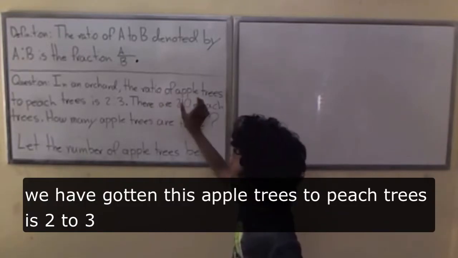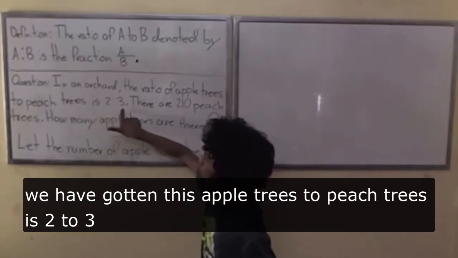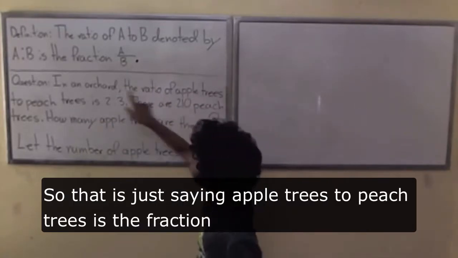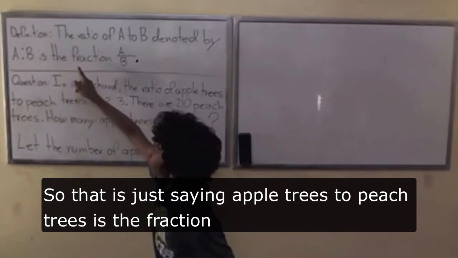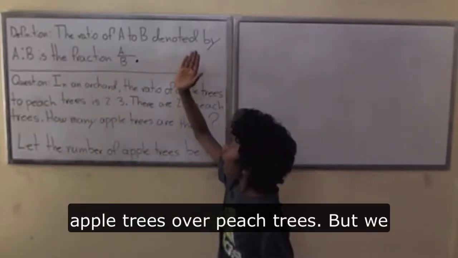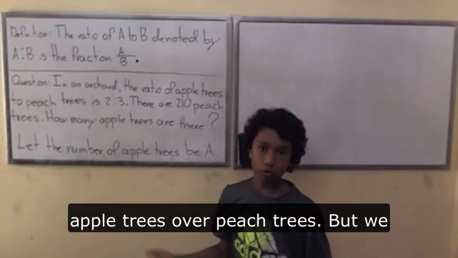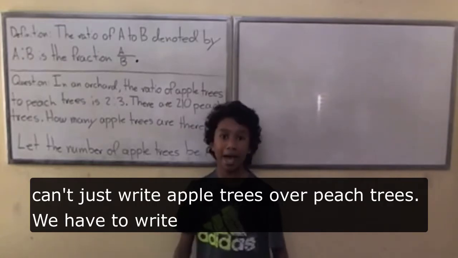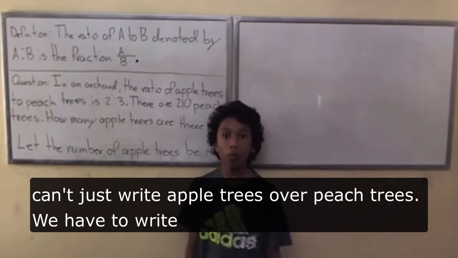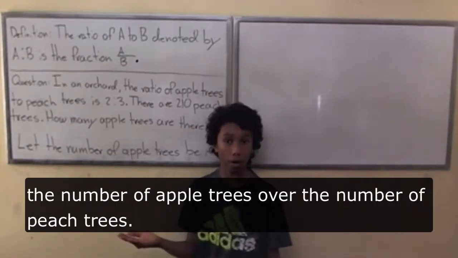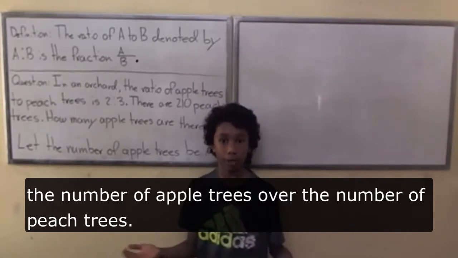Apple trees to peach trees is the fraction apple trees over peach trees. But we can't just write apple trees over peach trees. We have to write the number of apple trees over the number of peach trees.